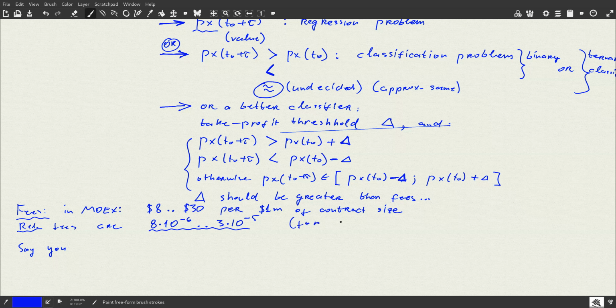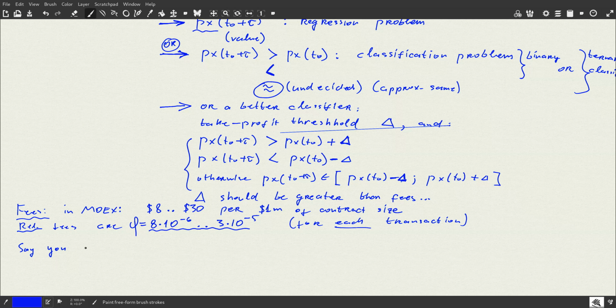That's important. Let me denote this fee rate by, for example, phi.